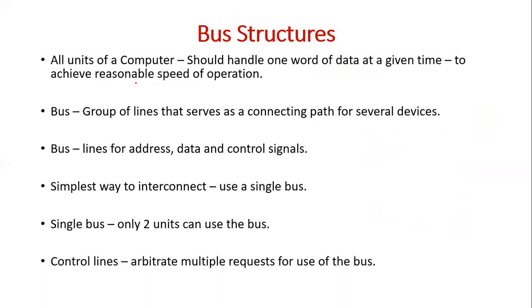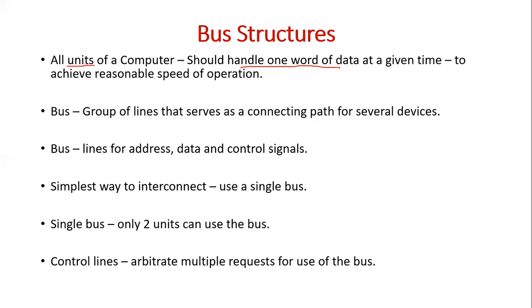What we are saying is that all functional units of the computer should be able to handle one word of data at a time. If the computer is a 32-bit computer, all units should be able to handle or manipulate 32 bits of data at a time. If it is a 64-bit computer, it should be able to handle 64 bits of data at a time.